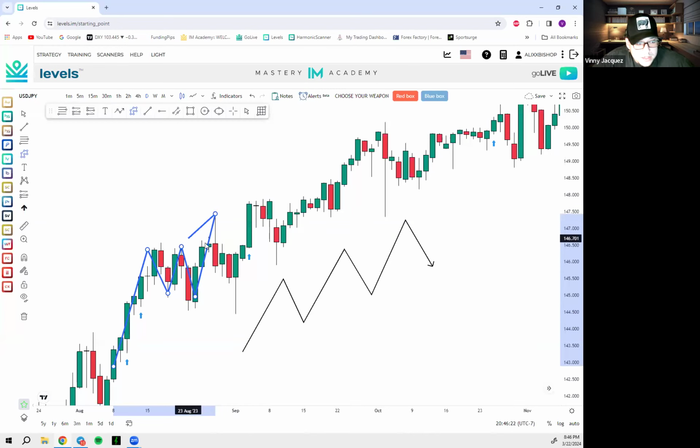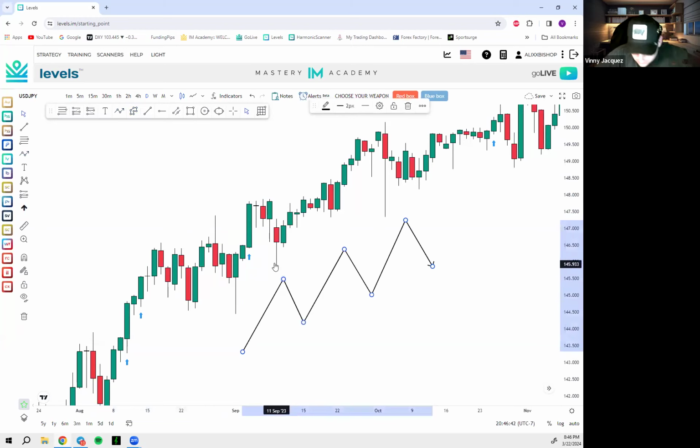We go higher, we clear some liquidity. This is my lowest wick, and then we continue to go higher. So this whole thing is a higher high, higher low. Does that make sense, guys? Do not be fooled. I know it's very easy to be fooled, but again, we have to practice. Repetition. Does that make sense, fam? Let me know.